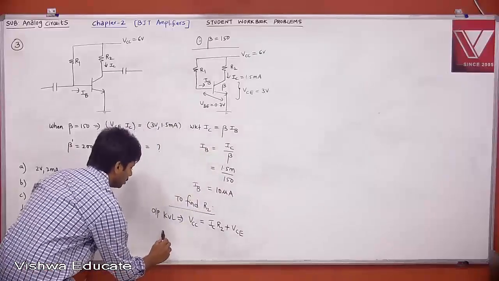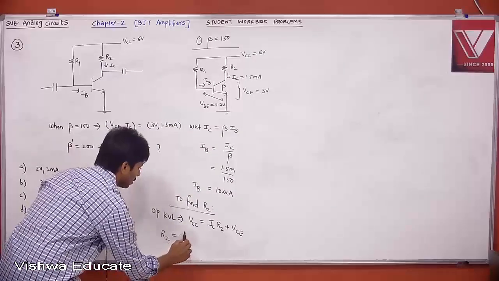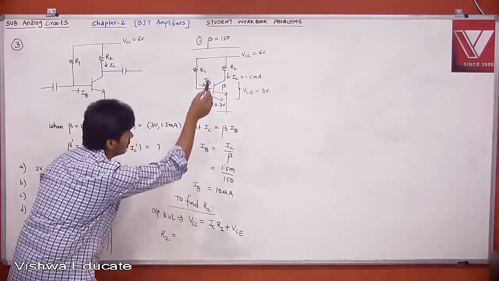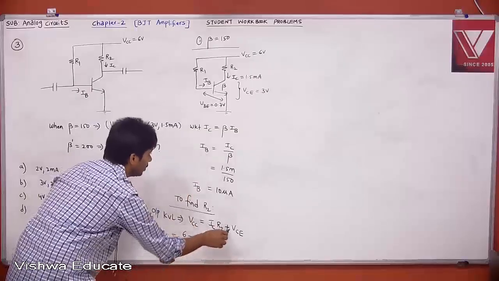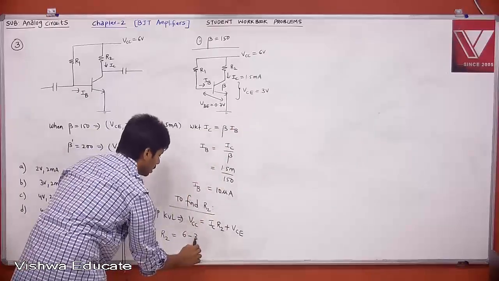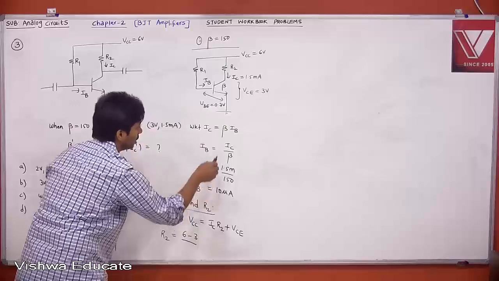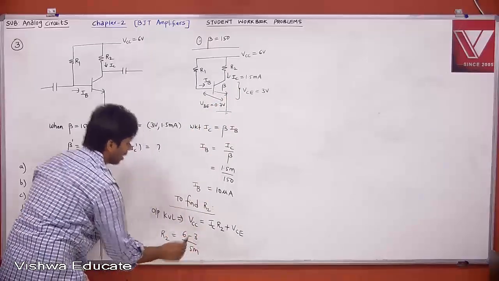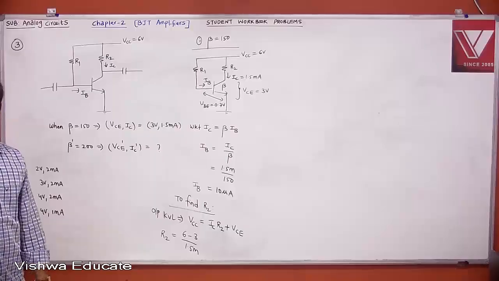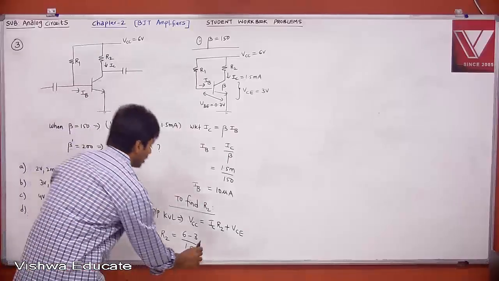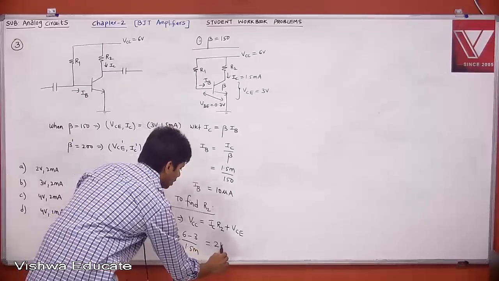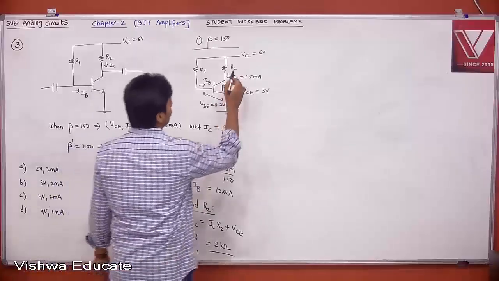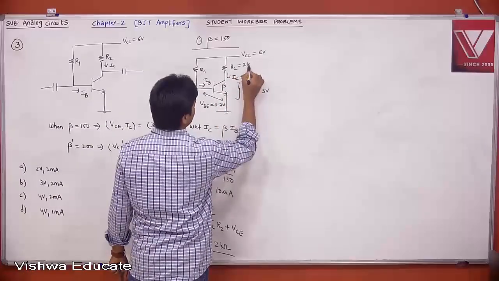Then tell me what your R2 is? Your R2 will be equal to VCC minus VCE divided by IC. VCC is 6, minus VCE, already given, 3, divided by IC, which is 1.5 milliampere. Therefore 6 minus 3, 3 by 1.5, is 2, and milli will become K. Therefore R2 is 2 kilo ohm.